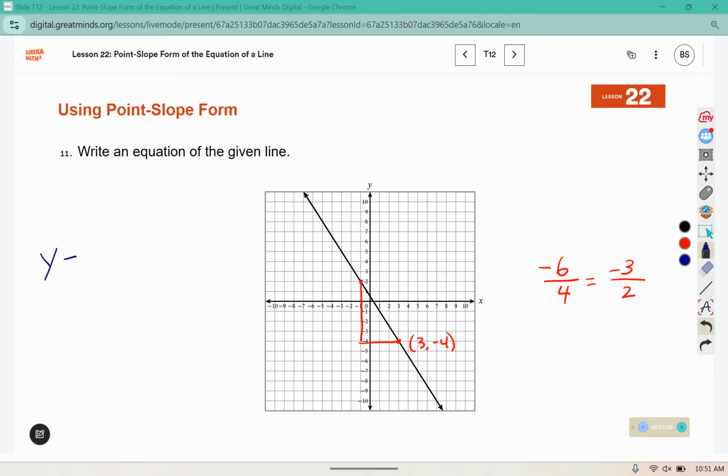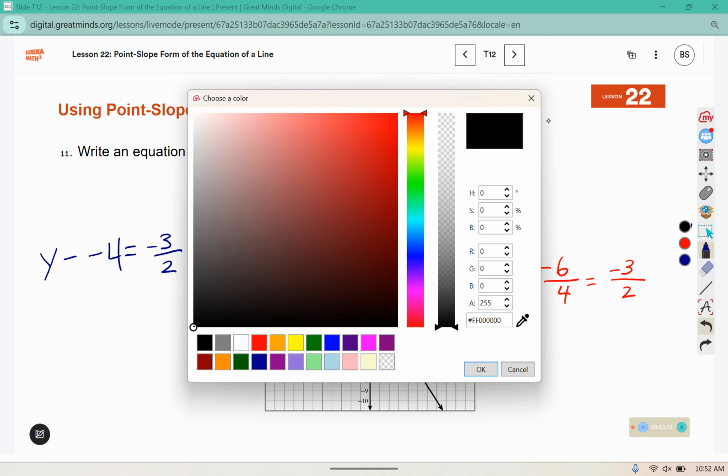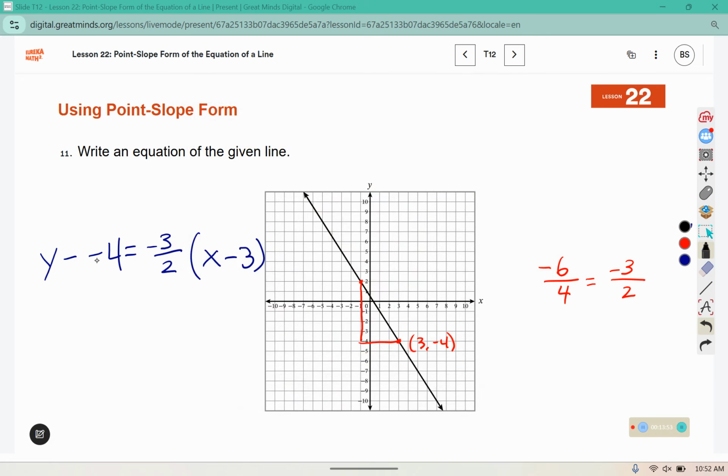So we'll have y minus the y value equals the slope times x minus the x value. If you have a minus a negative, we'll change that to plus, just to kind of clean up that equation a little bit.